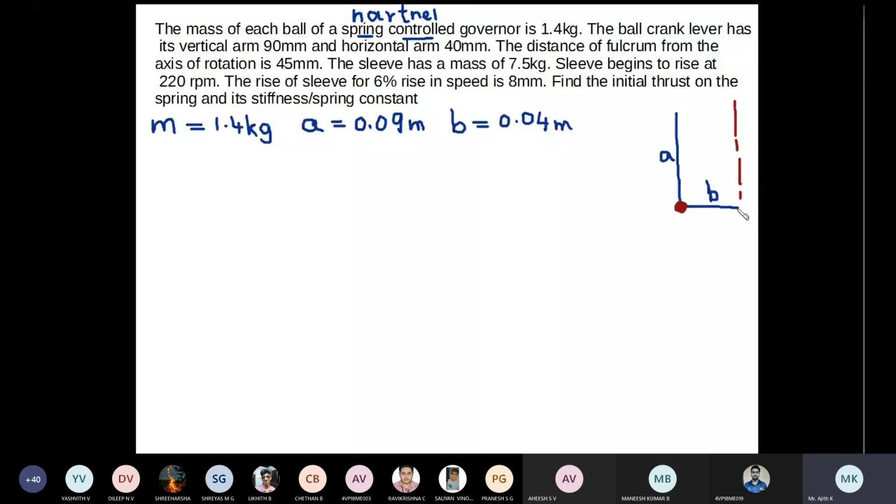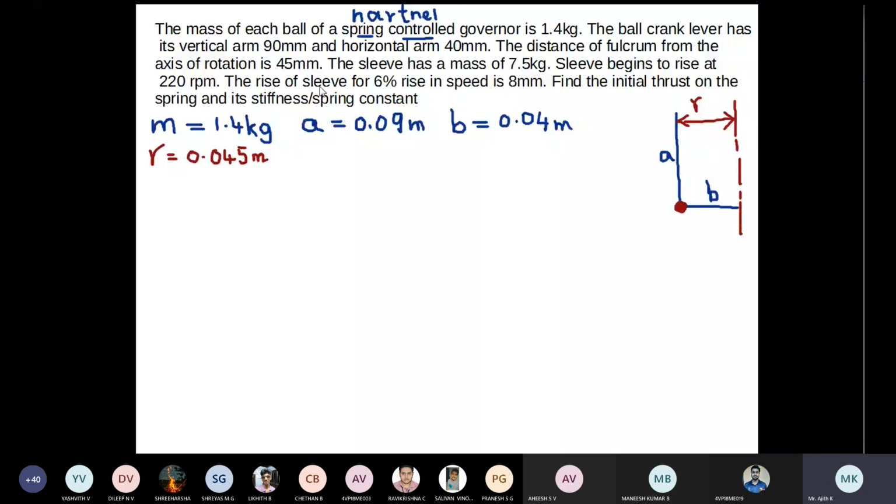Axis of rotation is nothing but the spindle axis. So this radius is given, R value. According to the question, R is 45 mm. We'll convert into meter: 0.045 meter.